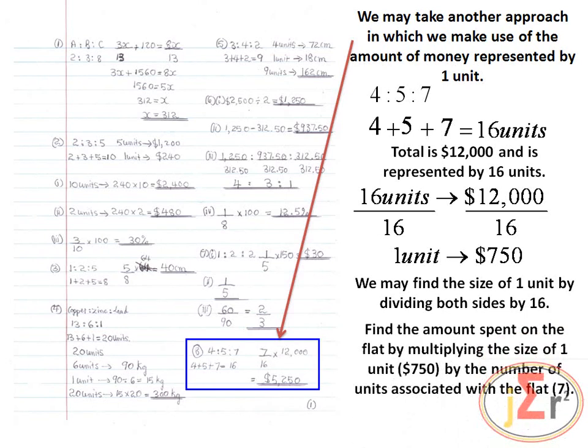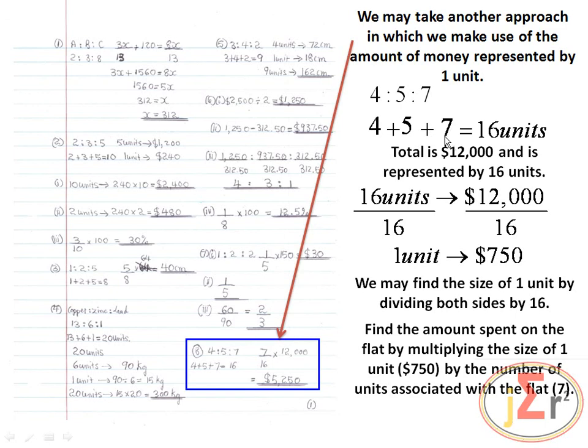And we find the amount spent on the flat by multiplying the size of 1 unit that we have right here as $750 by the number of units associated with the flat. How many units are associated with the flat? 7 units are associated with decorating the flat. We multiply by 7.